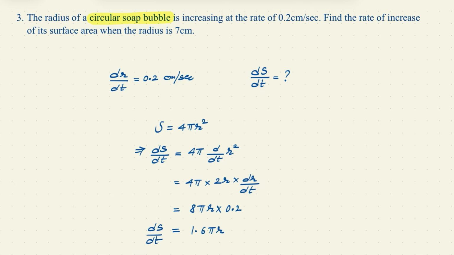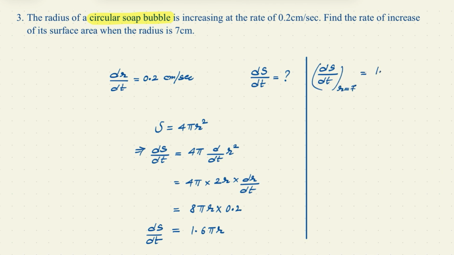So we have found the rate of change of surface area with respect to time, that is 1.6 pi into r. But the question is asking to find what will be the surface area when the radius is exactly 7 centimeter. So the change of surface area with respect to time when the radius is exactly 7 centimeter.